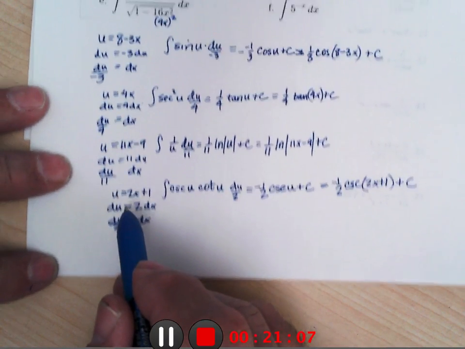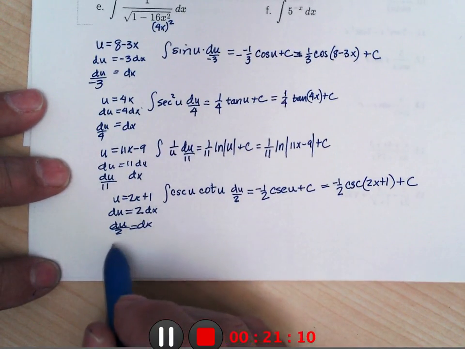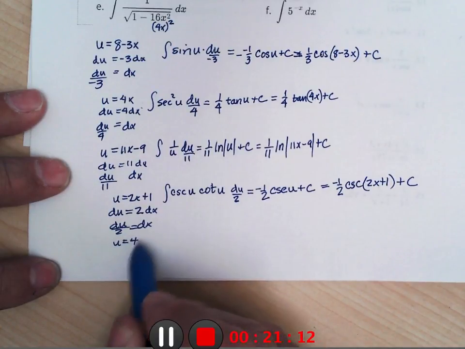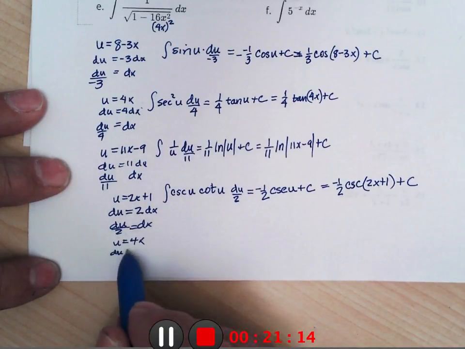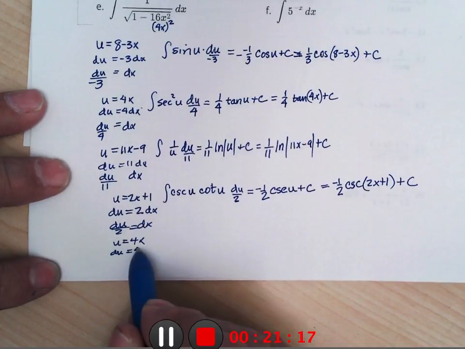So if I let u equal 4x, du would equal 4dx, so dx equals du over 4.